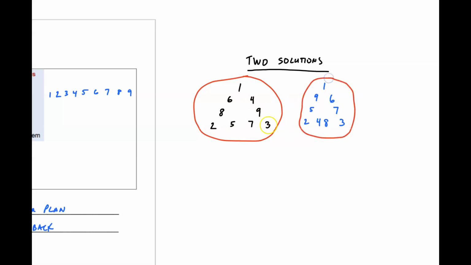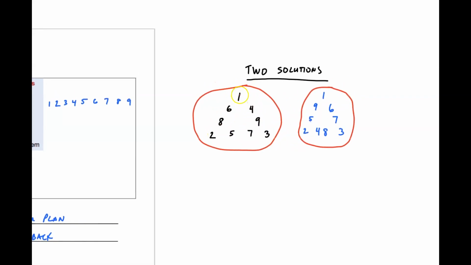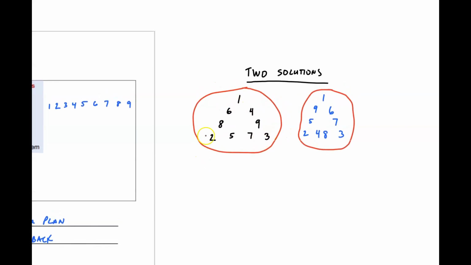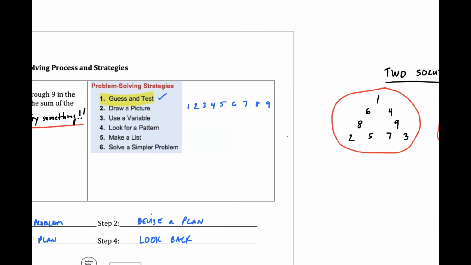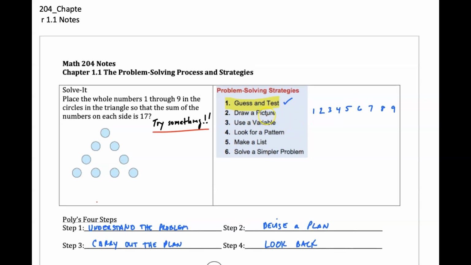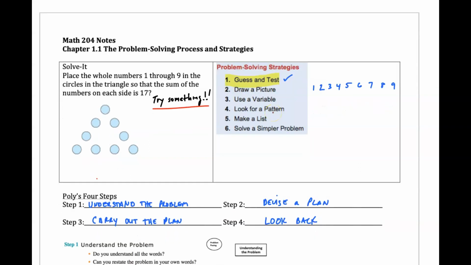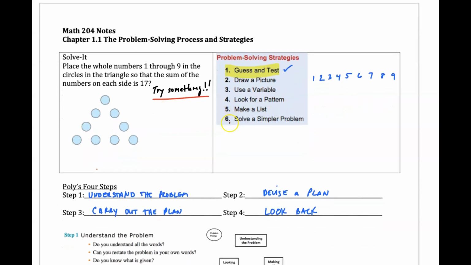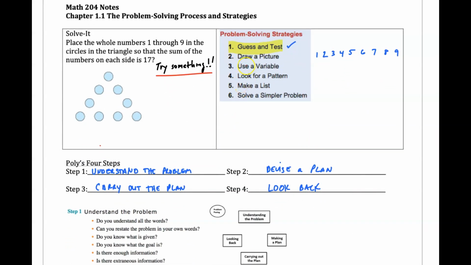And of course, it can be rearranged in a different order. But what's unique is the numbers that go along the side. That would be the answer to a problem like that. So one of the first methods we use is what's called the guess and test method. We're going to learn in this chapter various problem solving strategies.